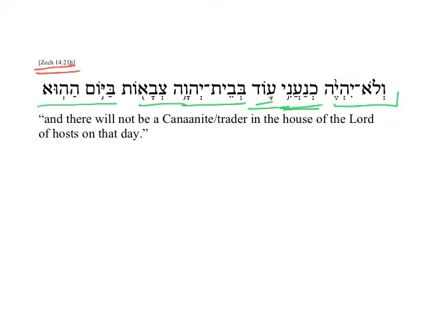So again, both of these other passages give us pause to consider what might be going on in chapter 11, verses 7 and 11.